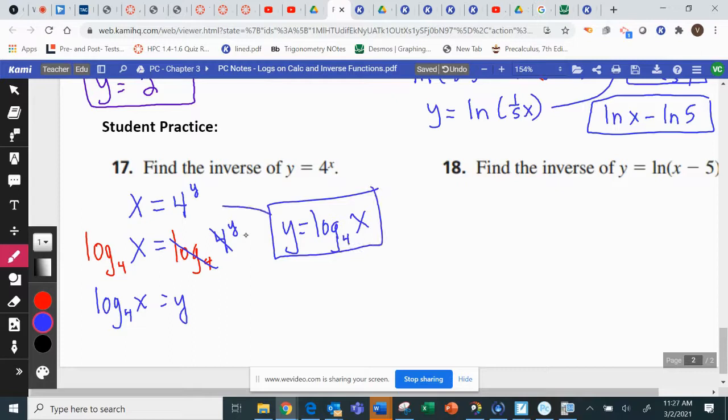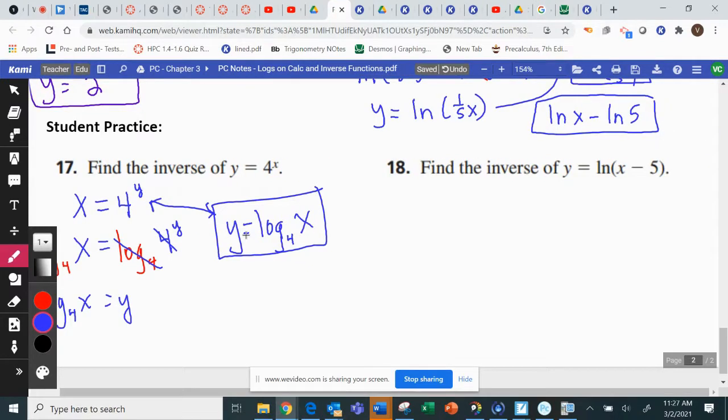You notice that one's logarithmic form, one is exponential form. The 4 is the base for both of them.